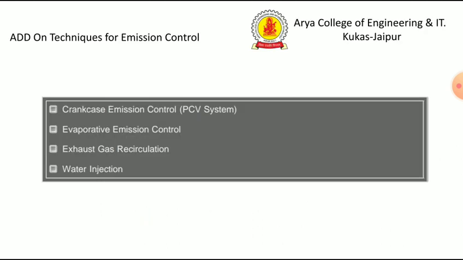There are basically four types of add-on techniques used in the reduction of SI engine emissions: crankcase emissions control, also known as the positive crankcase ventilation system, evaporative emissions control system, exhaust gas recirculation system, and water injection system.